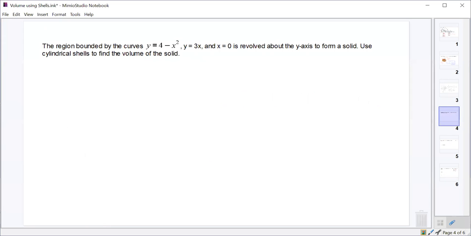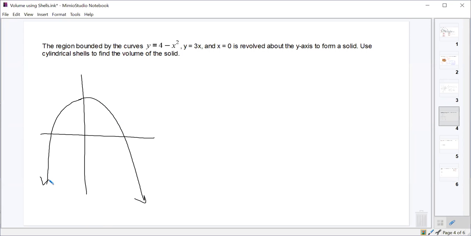All right, let's take a look at this one. What does 4 minus x squared look like? That. And we're going to y equals 3x, and bounded by x equals 0. There are 2 of these regions right there.